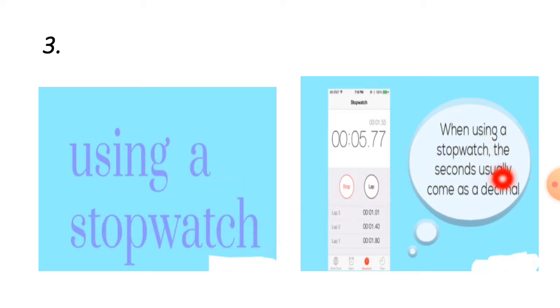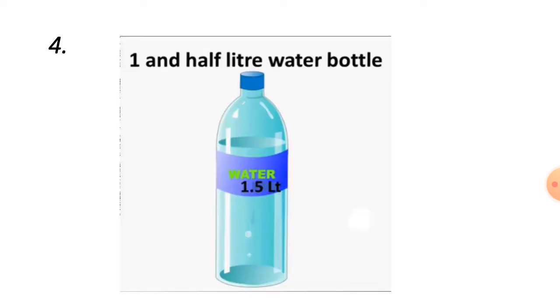When using a stopwatch, the seconds usually come as a decimal. Number 4, a 1.5 liter water bottle. On the water bottle it is always written 1.5 liter, or sometimes 2.5 liter. That is decimal.